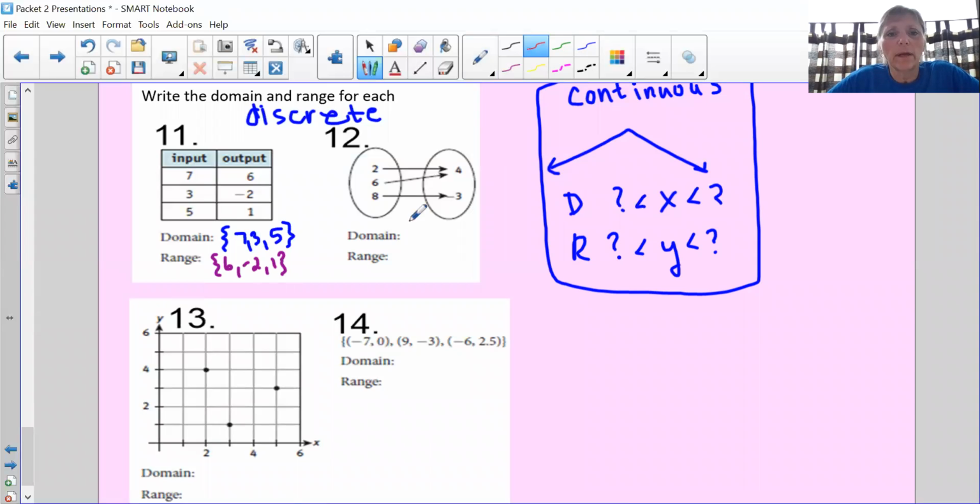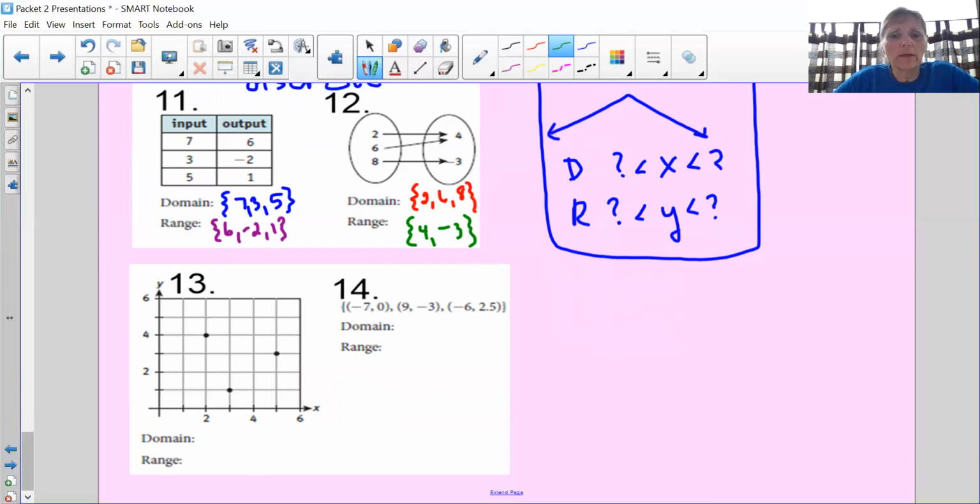Domain here is 2, 6, and 8. Okay, and the range is 4 and -3. Okay, that's all there is to that one.